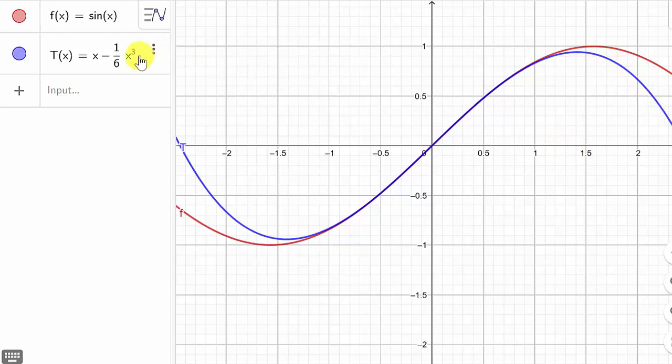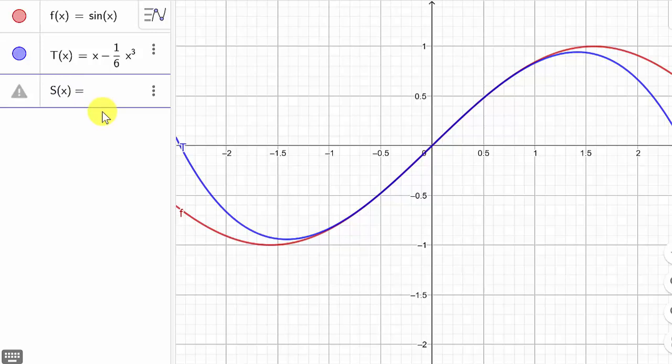Now, if we took it out to like t sub 5 or t sub 7, I wonder what that would do. Well, let's graph t sub 7. We'll call that s of x for 7.